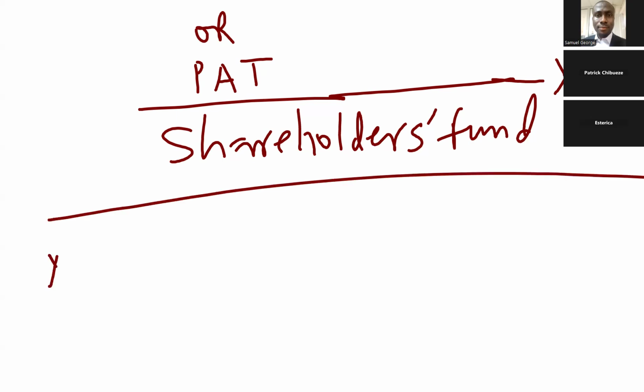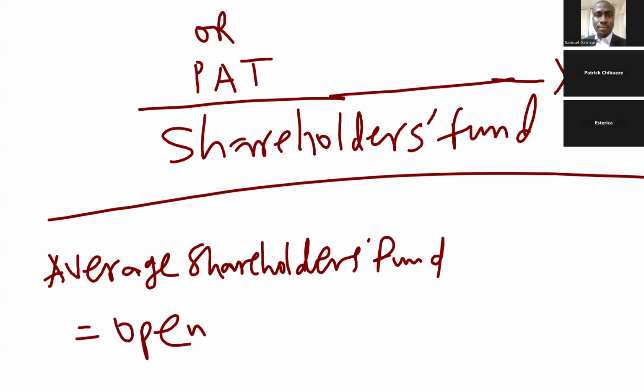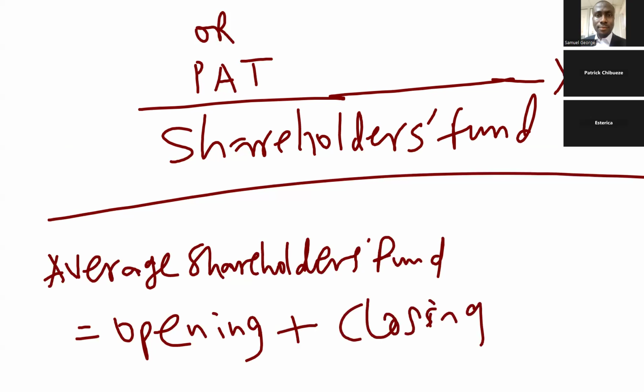And average shareholders fund is equal to opening shareholders fund plus closing shareholders fund divided by 2.